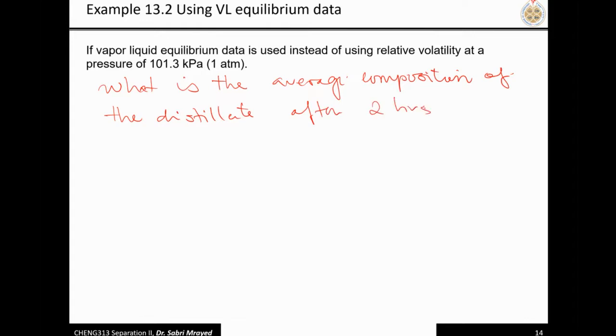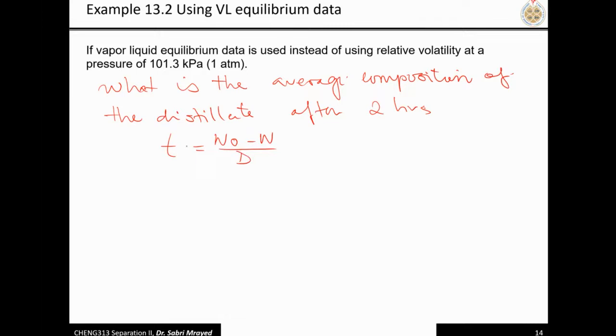Now, all you have to do is go back to the equation for the time, which you know was already derived for this model. And the equation says the time is equal to what? W0 minus W over D here.